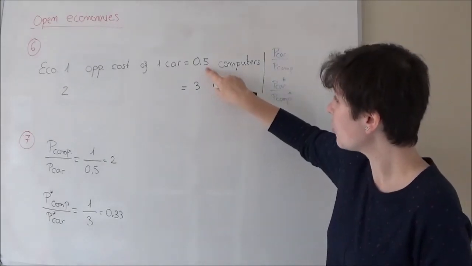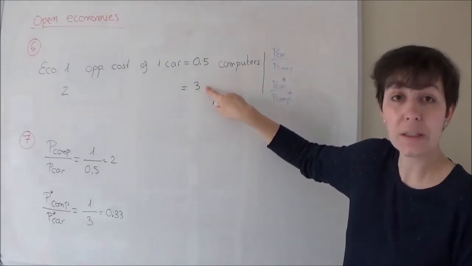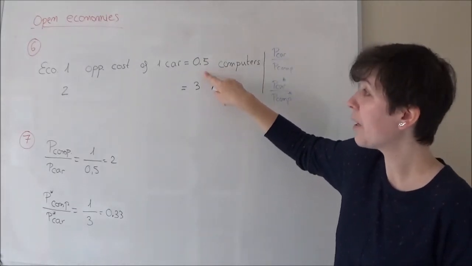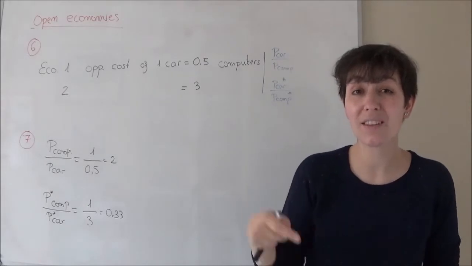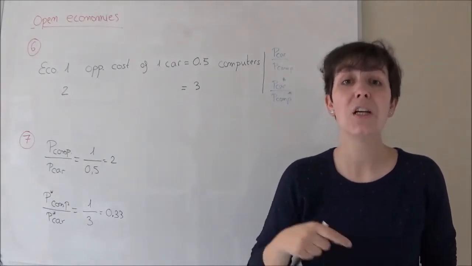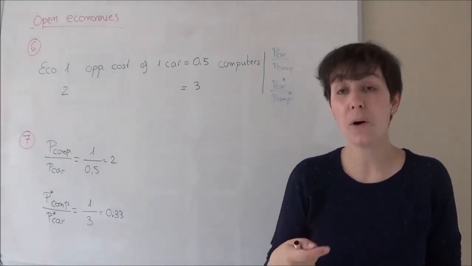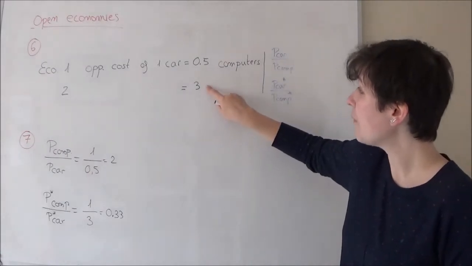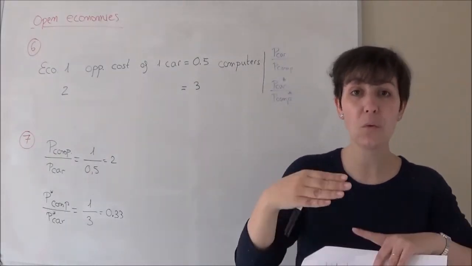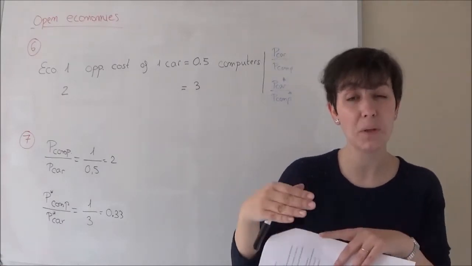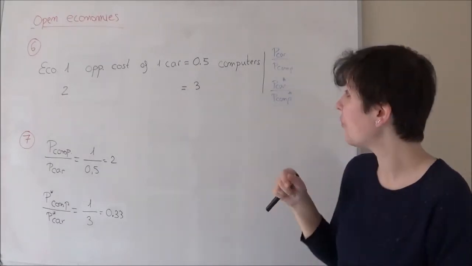So this economy is going to start to sell cars to this economy. People from here are going to have a lower supply of cars inside the economy, so they are going to pay more than 0.5, and these people are going to pay less than 3. So that's why the relative price of a car is going to be between those two values.